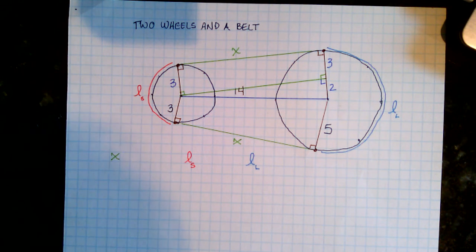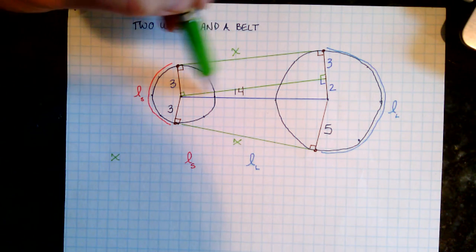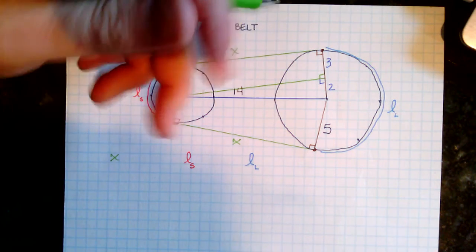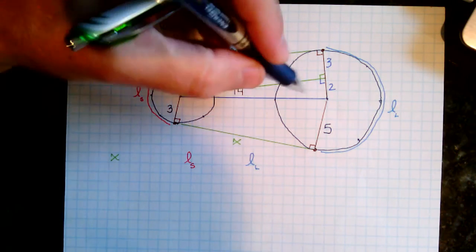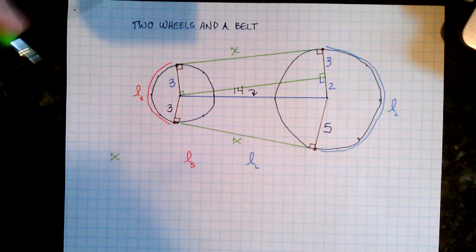Working towards finding X, the process would be to take this triangle in the middle. Remember, 14 is the distance between the two centers, so 14 is actually that line segment.